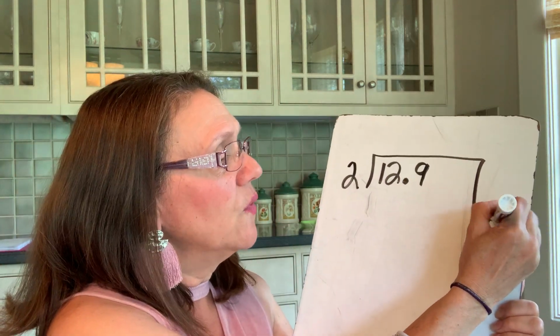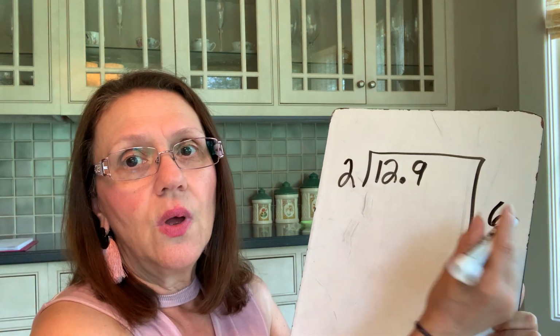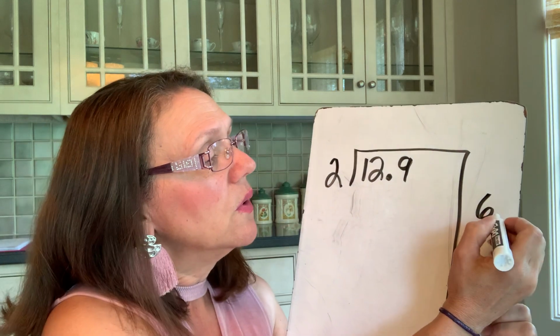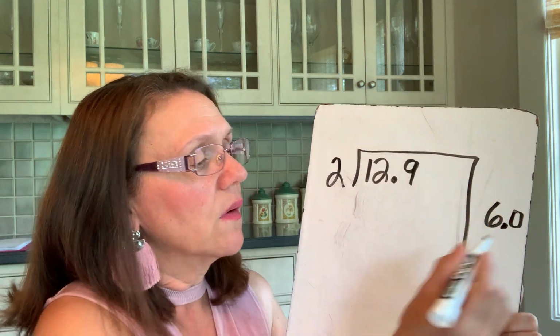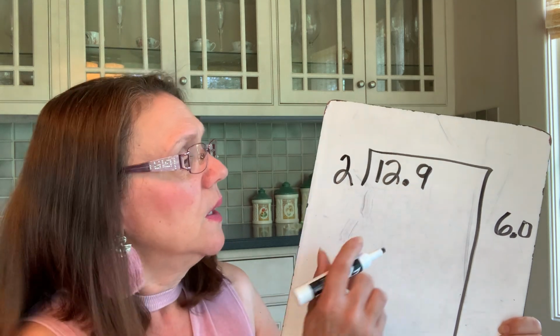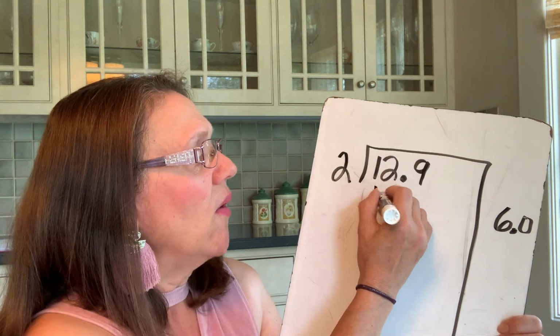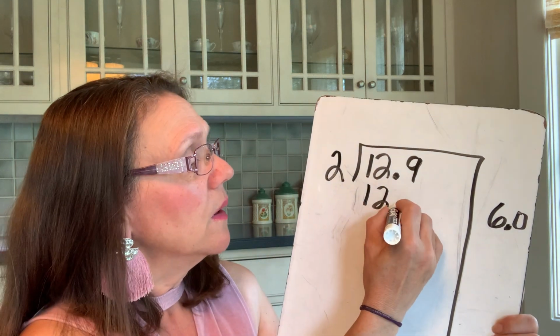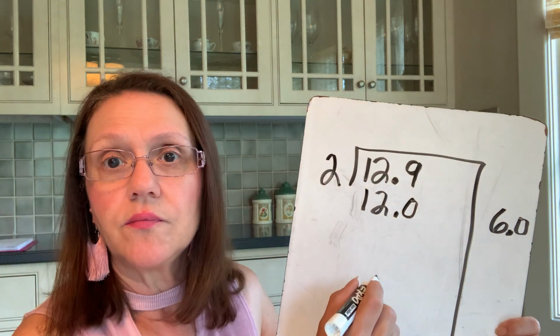So I put my 6 over here as usual, understanding that is a whole number. If you want to, you can even make it 6.0. That would be fine, whatever you want, because they're the same. So 2 times 6 is 12. And you have to put your decimal in there, okay?